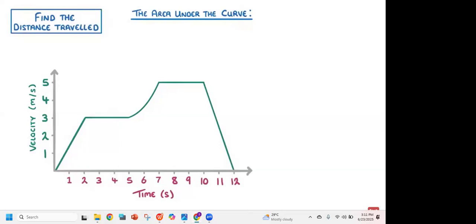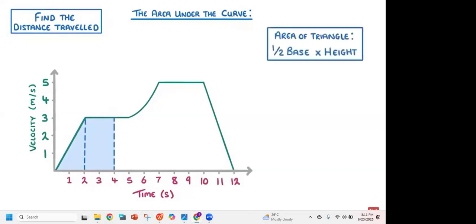So if we wanted to find the distance traveled in the first 4 seconds, we'd be interested in this area. And to make it easier to calculate, we could split the area up into a triangle on the left and a rectangle. The formula for the area of a triangle is 1/2 base times height. So in this case, that would be 0.5 times 2, which is our time, times 3, which is the velocity.